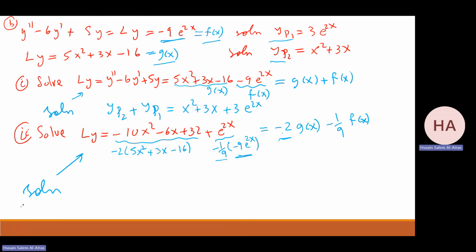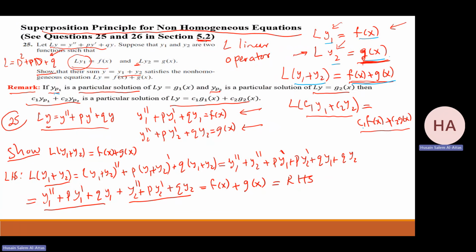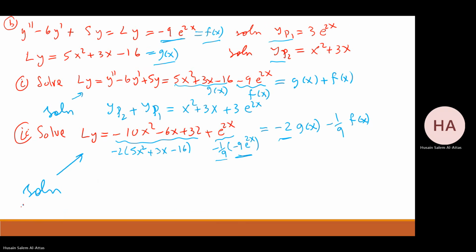It will use the same constants like what we did here. We said if I have C1 f of x plus C2 g of x, I have C1 y1 plus C2 y2 as my solution. So that will be minus 2. G is for yp2, correct? Yeah.